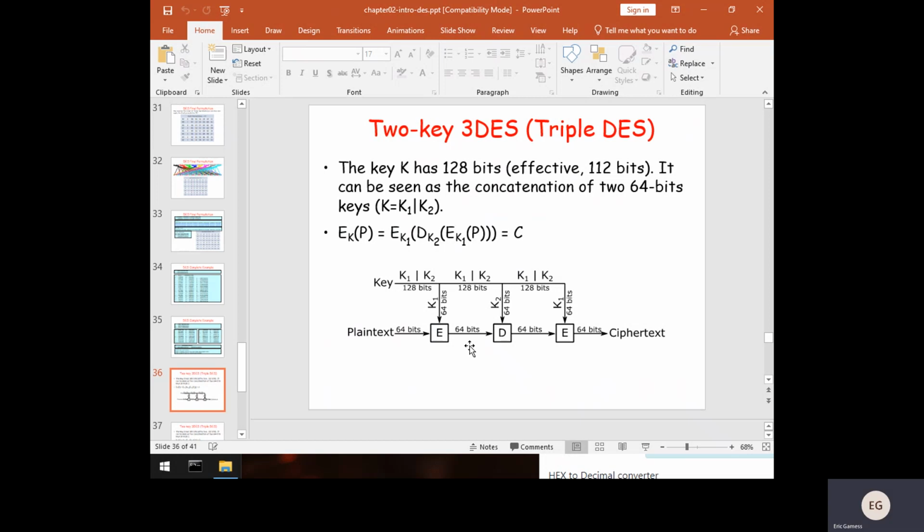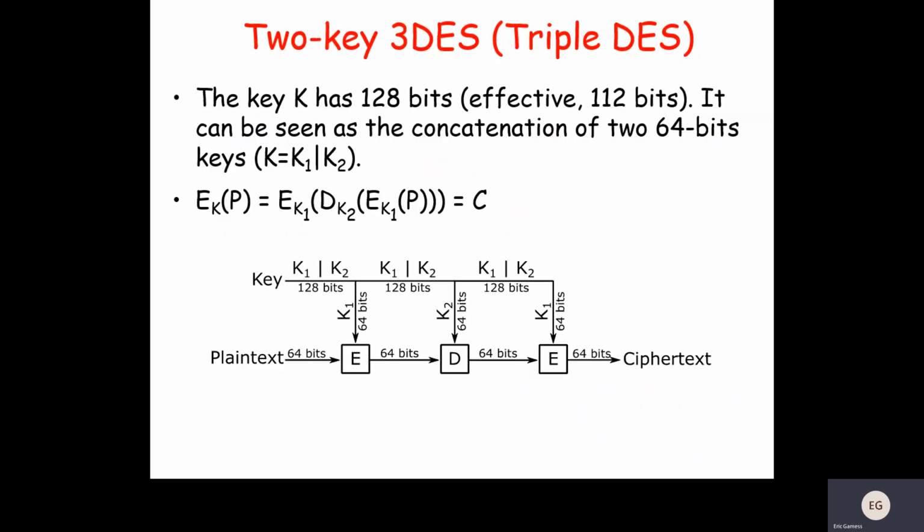Since DES is a very good algorithm, they made some variants of DES with a longer key. So we are going to talk about those variants. Those variants are called triple DES. And we can use triple DES with 2 keys or 3 keys, as we will see. So here I'm going to talk about triple DES with 2 keys.